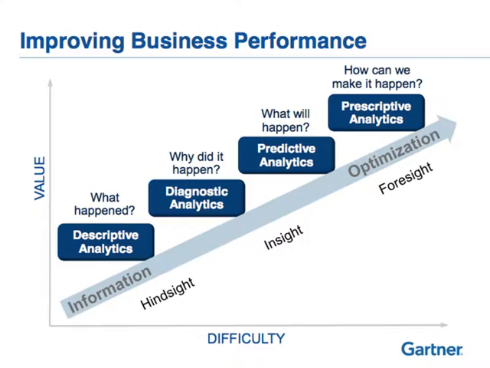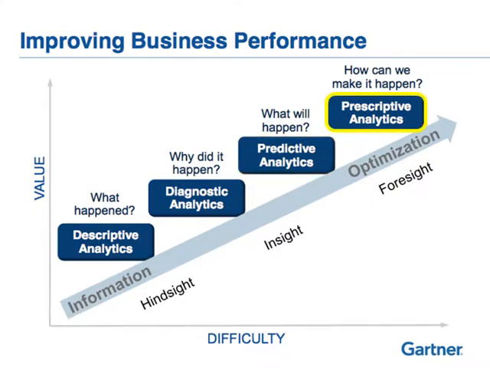Now, the simplest stage, the first stage, is what Gartner calls descriptive analytics. It's basically what happened. Then, as we move to the right, we start to ask, why did something happen? And they call that diagnostic analytics. Then we get into predictive analytics, which is, of course, predicting about the future, what will happen given a set of assumptions and trends.